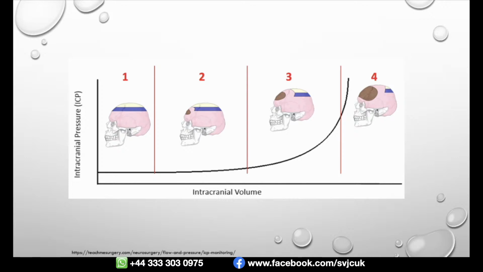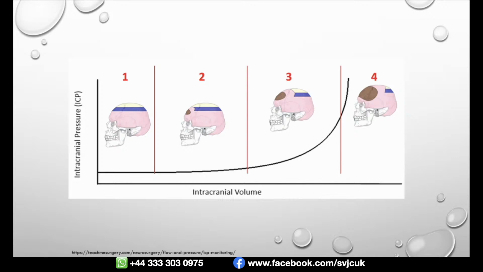So you can see on the y-axis you've got your intracranial pressure, and on your x-axis you've got the intracranial volume. And again, slightly different colours representing different components, but pink for the brain tissue, blue for the blood, and yellow at the top for CSF. So in image 1, everything's normal.